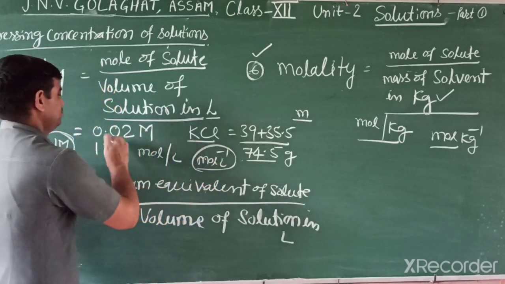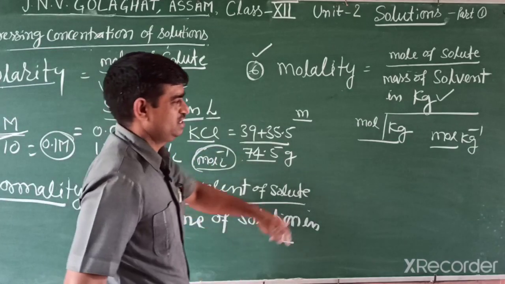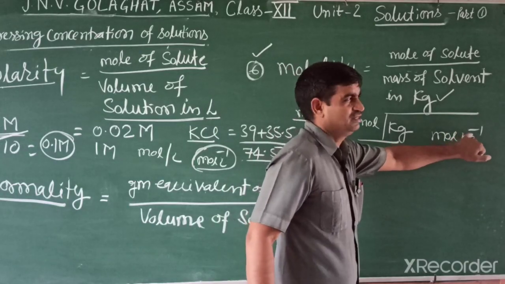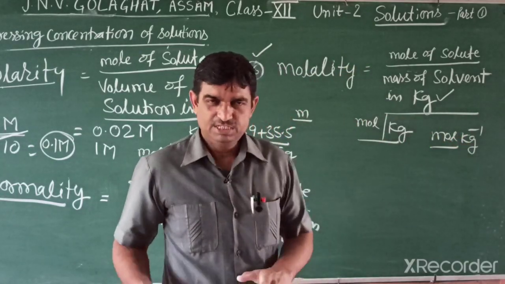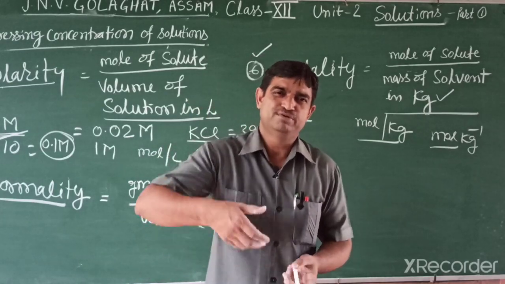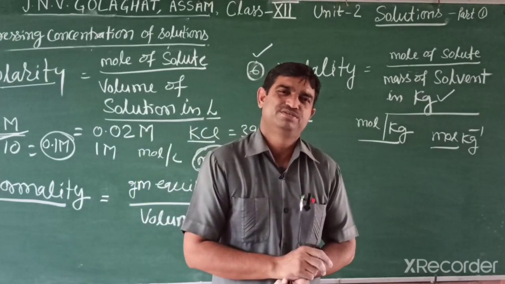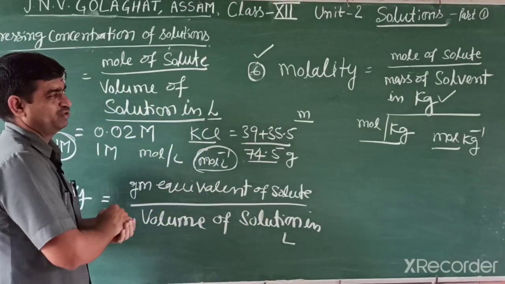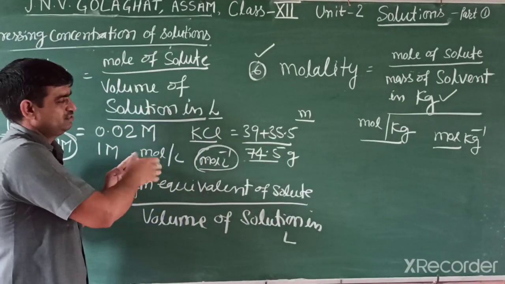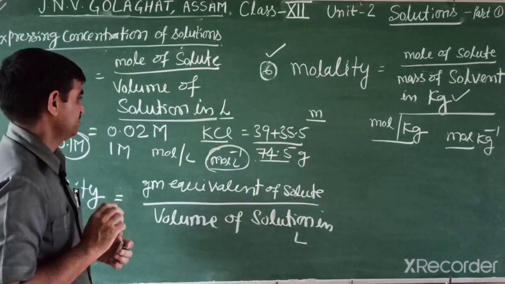That is the unit of molarity, and for molality, mole kilogram inverse. This indicates that if you prepare a molality solution, we have to take 1 kilogram of solvent. But in molarity, we do not take 1 kilogram, we take the volume, that is in liters.